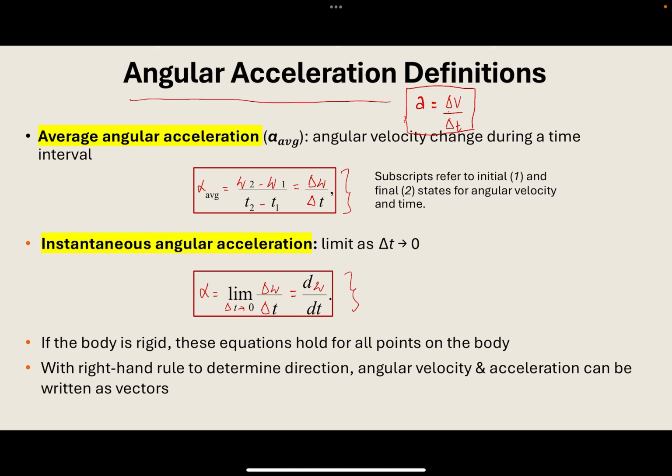To determine the direction, we use the right-hand rule. If the rotation is counterclockwise, the thumb of your right hand points outward from the page. That is the direction of the angular velocity and acceleration vectors. If it rotates clockwise, the vector points into the page.